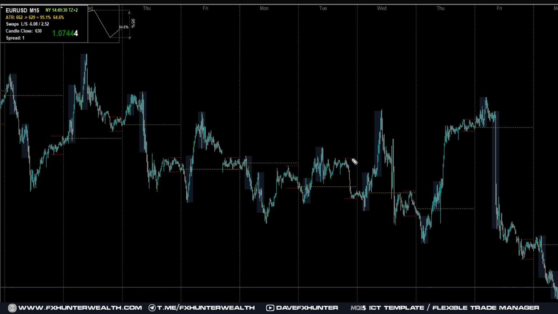This one should not be used because that's quite a wide range. But anyway, still you have accumulation, manipulation, distribution, right? Accumulation, manipulation, right? Low created at that time during the kill zone. Accumulation, manipulation, distribution, and also in here, accumulation, manipulation, distribution.